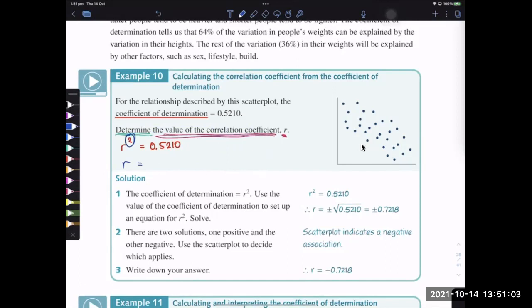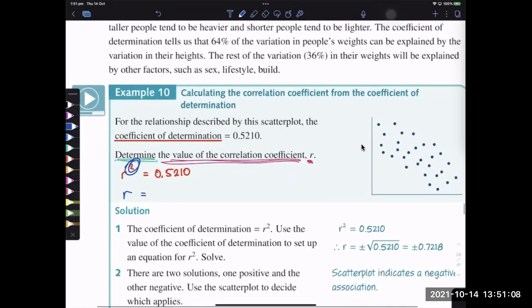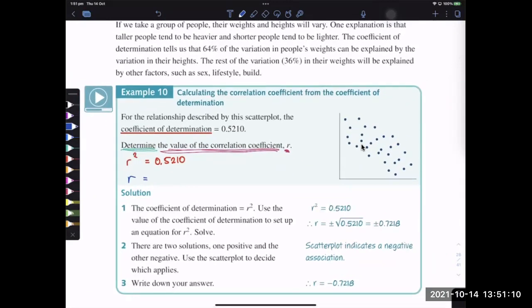So if we want to find the R value, we need to take the square over onto the other side. But remember, when we take this square onto the other side, do we still keep it as a square?